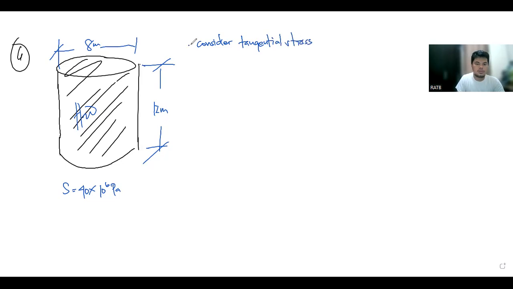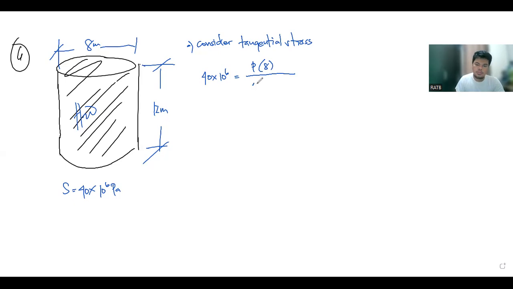So we have there 40 megapascal, that is equivalent to the internal pressure multiplied by the diameter, 8, divided by 2t.